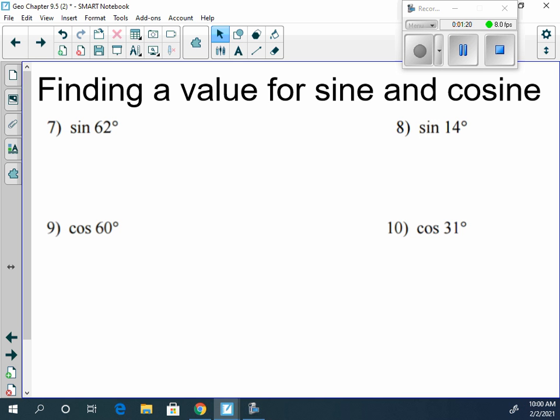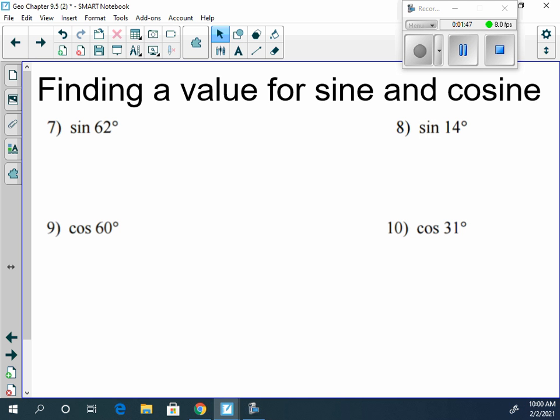So sine and cosine. Now, we dealt with this yesterday because we were able to change sine of 62 degrees into cosine, because of the property we saw: sine of theta is equal to cosine of 90 minus that angle, or cosine of an angle is equal to sine of 90 minus that angle.